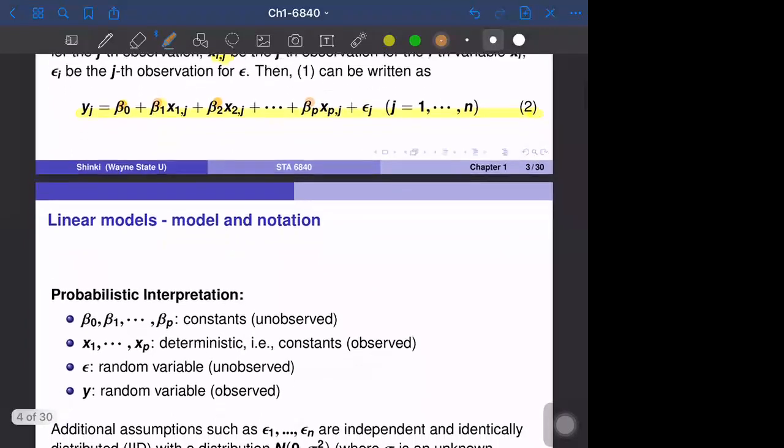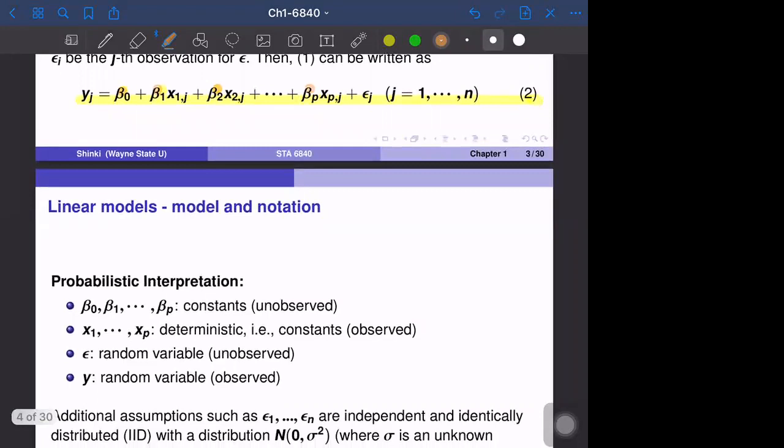Okay, so in terms of probability theory, for now, we assume that beta naught to beta p are constants. Because this is a kind of unknown truth, but we assume that such constants exist.